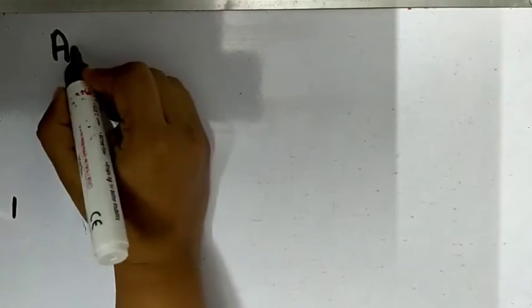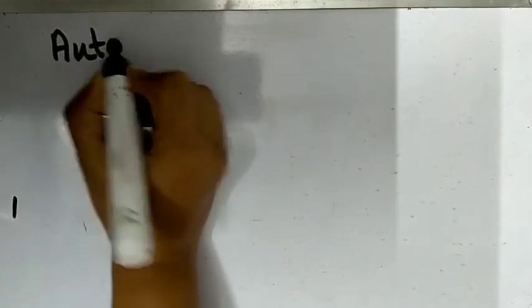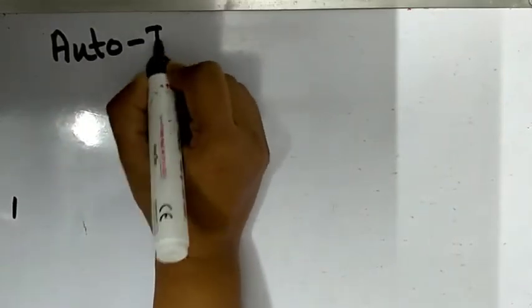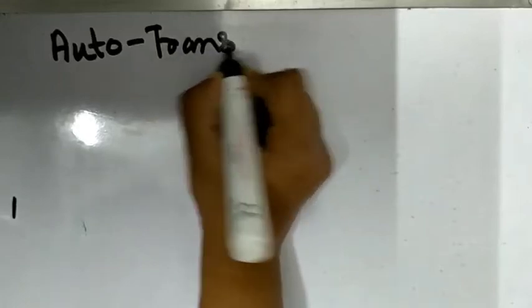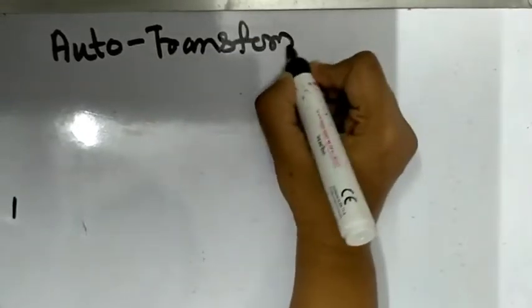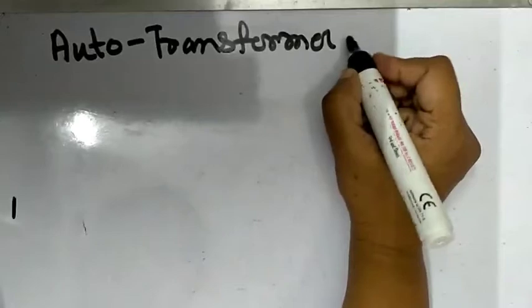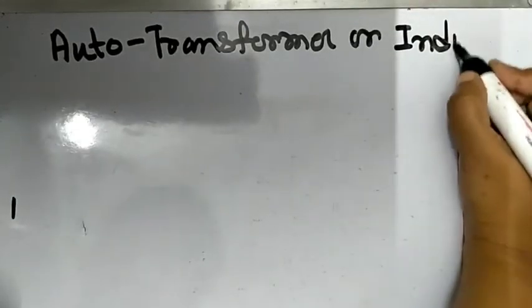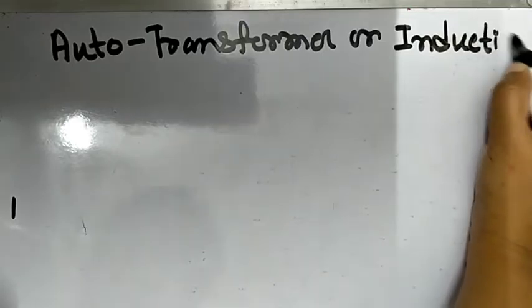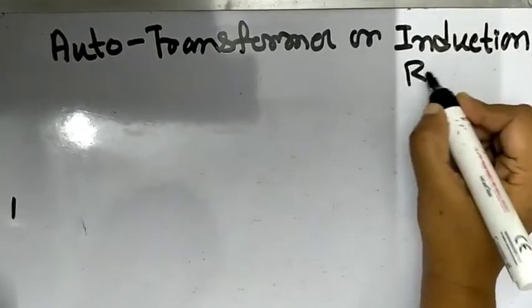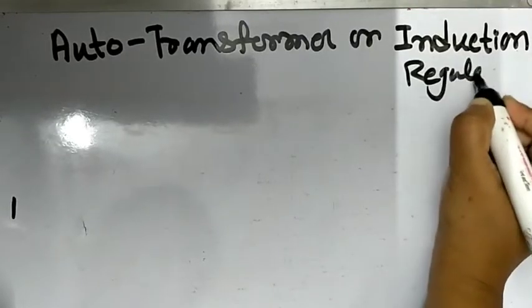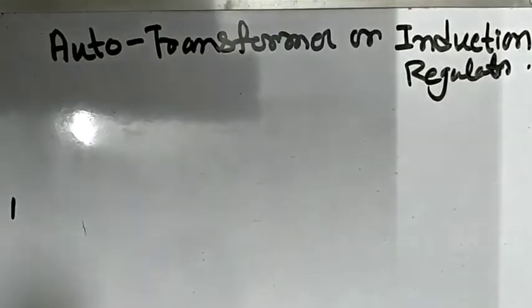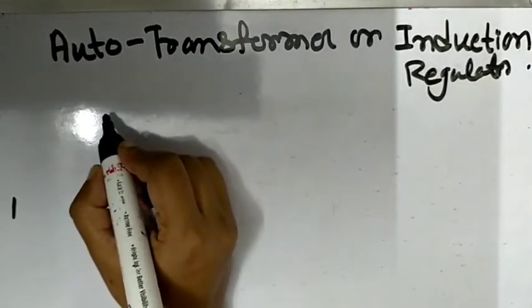autotransformer or induction regulator. The first procedure for varying the applied voltage is using an autotransformer or induction regulator. So first I draw the diagram.